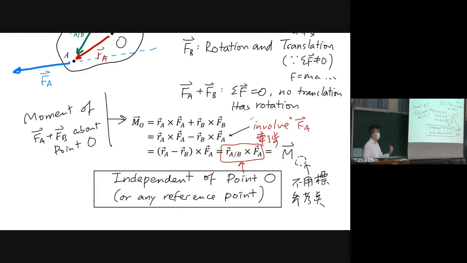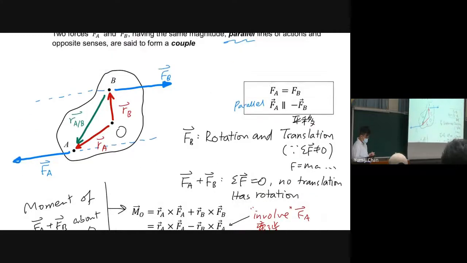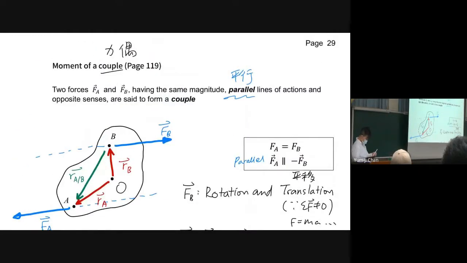So we have a special kind of pair: two forces with a special relationship between FA and FB. We have a name given to them. The name is called couple. So the definition is here.